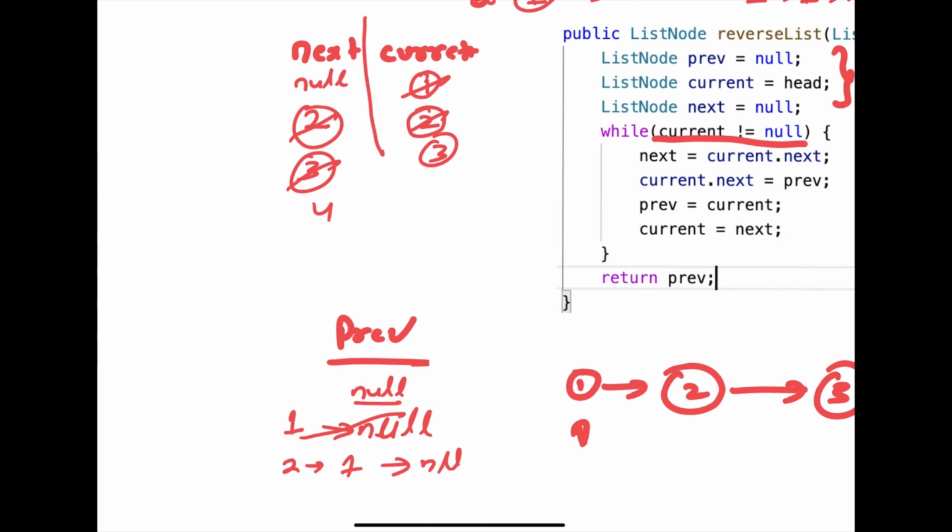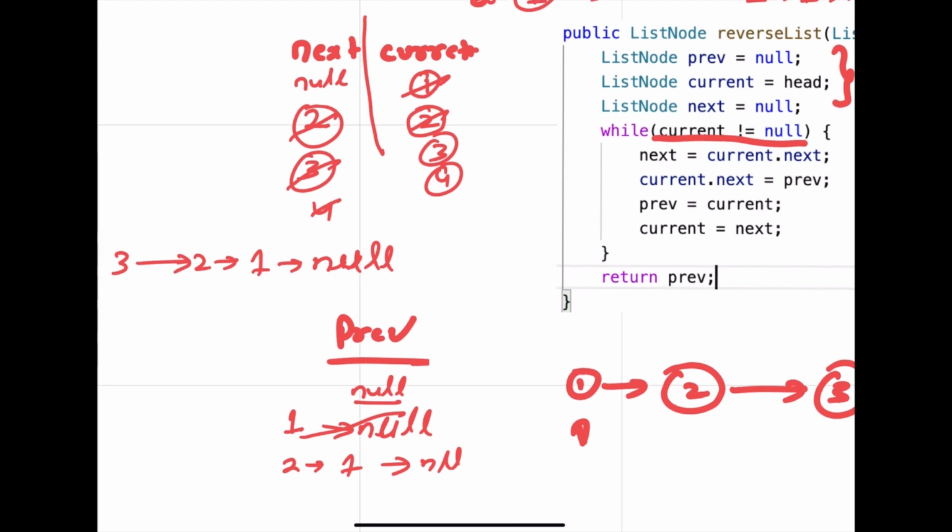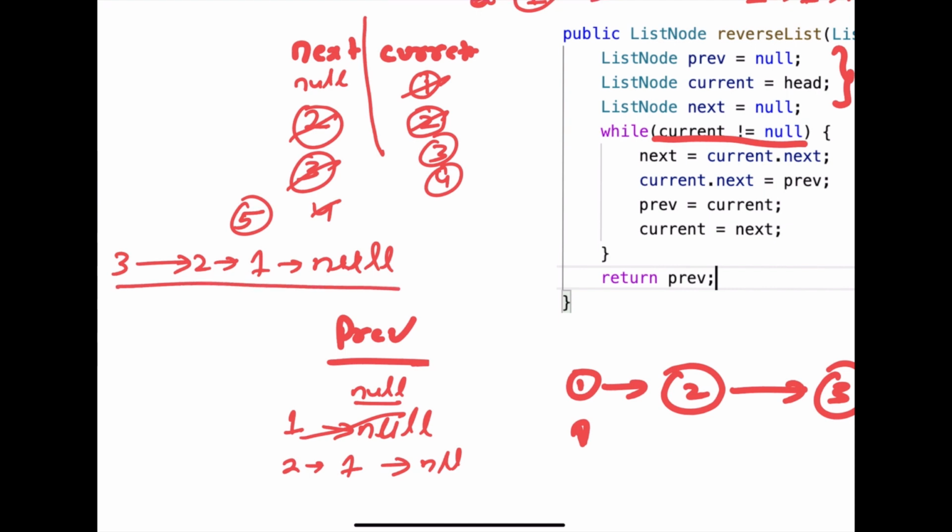In previous we can see that this is 2 arrow 1 arrow null, so current will be 3 arrow 2 arrow 1 arrow null. Then again current will be equal to next, and the same loop will run. Again here we will have 5, and again you can see this list is getting reversed.